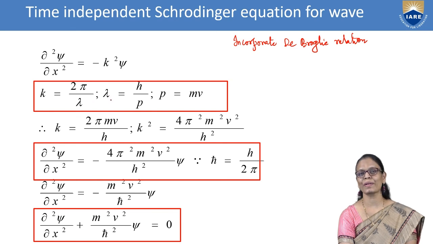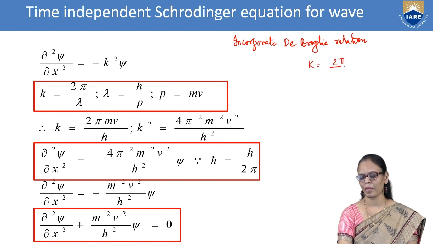The relationship between lambda and momentum is given by h by p, and p is equal to mv, which is nothing but momentum.